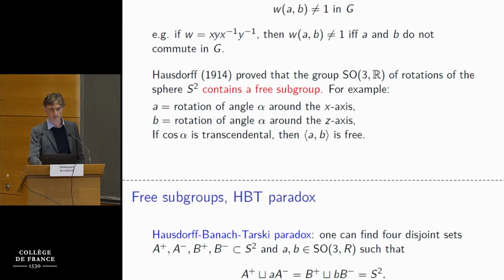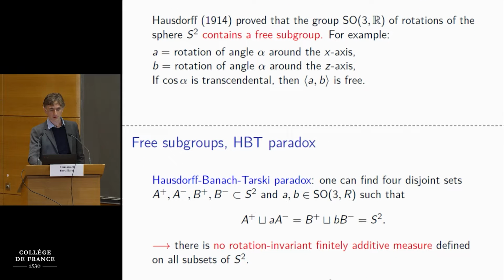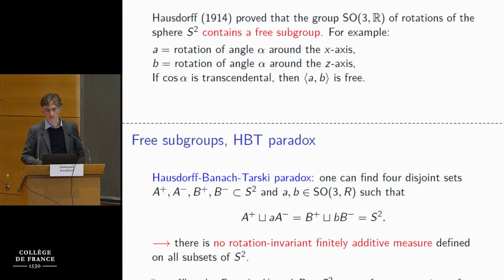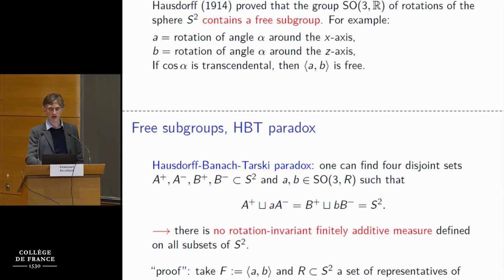This leads him to show the well-known Hausdorff-Banach-Tarski paradox, which is a paradox because this construction of a free group allows you to construct four disjoint subsets of the sphere: A plus, A minus, B plus, B minus.